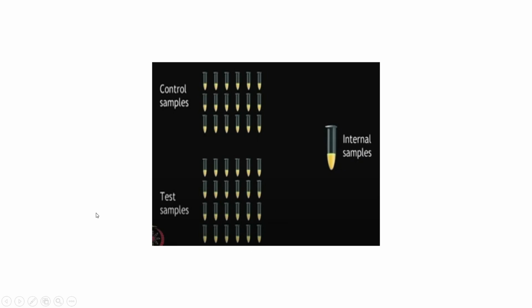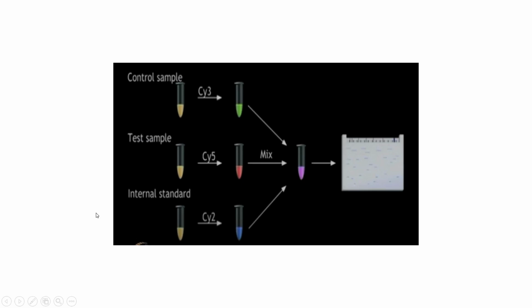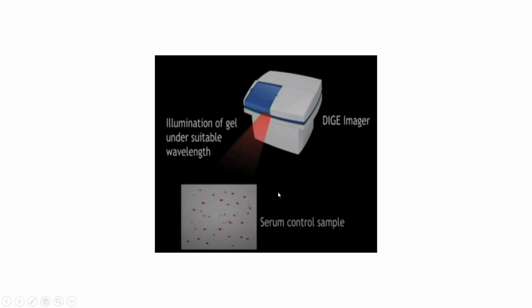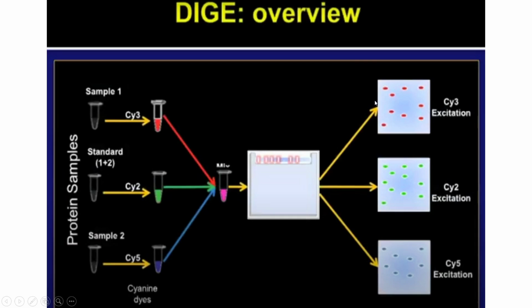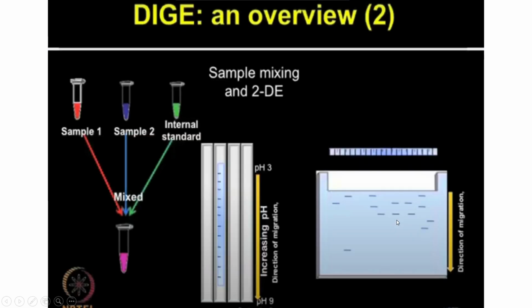This is just an overview. Then the control samples are labeled with Psi 3, test samples are labeled with Psi 5, and the internal standard is labeled with Psi 2, similarly mixed, and you run the gel. Then you use the Typhoon scanner, which helps you take the dye image, and at different specific excitation emission you will get the image. This is how the image will be.